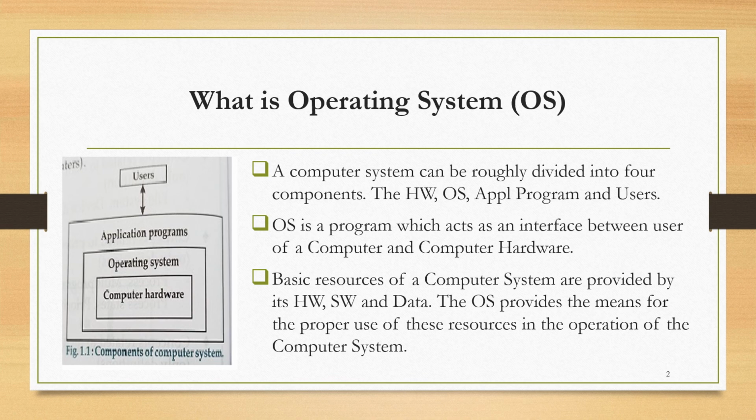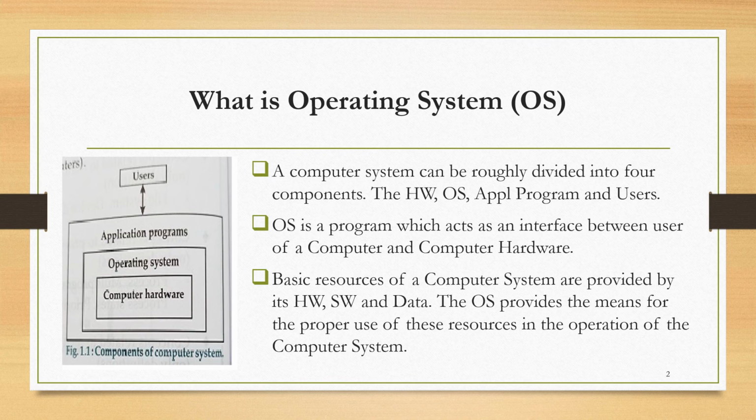Above that finally is the user. So these 4 components are there in a computer system. A computer system can be roughly divided into 4 components: the hardware, the operating system, application program, and users.